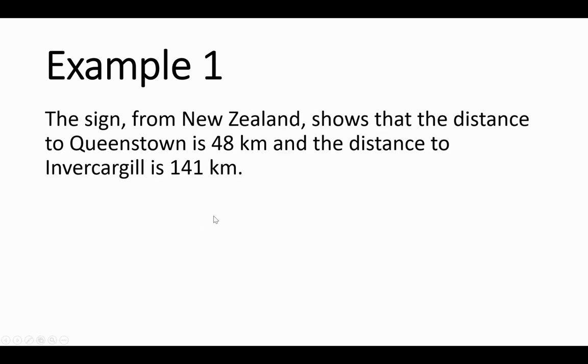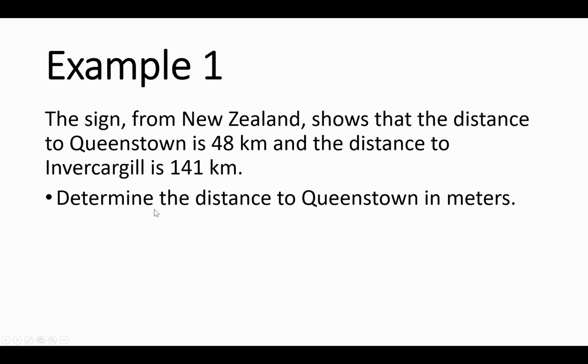Here are some examples. These are from the text as well. The sign from New Zealand shows that the distance to Queenstown is 48 kilometers and the distance to Invercargill is 141 kilometers. Determine the distance to Queenstown in meters. We're going from big to small. Big to small. So we're going to move our decimals to the right.